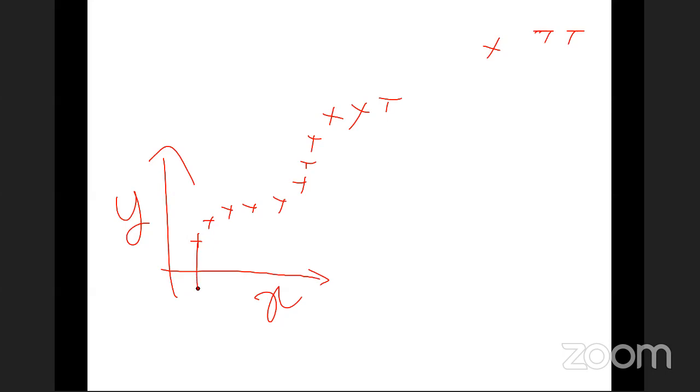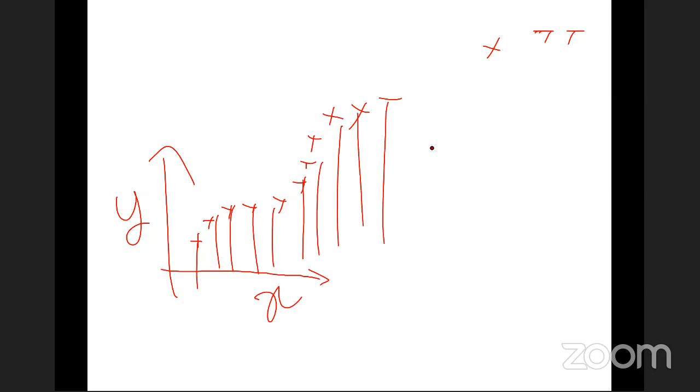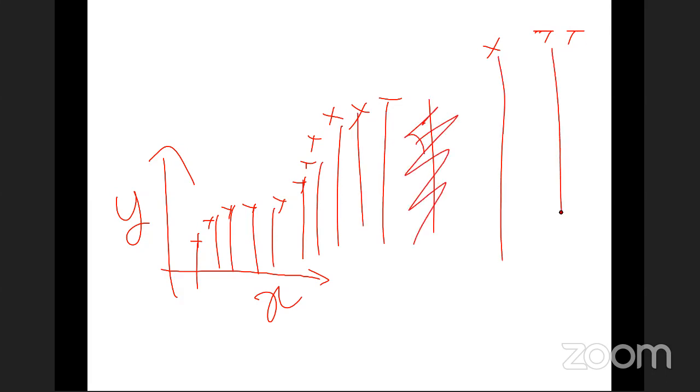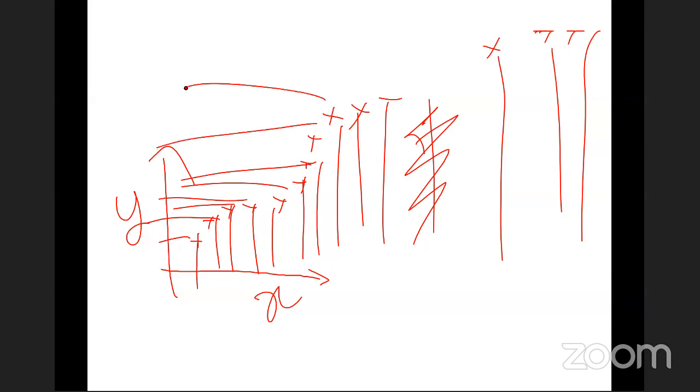So if I take ranks of x, I'll look at the order of x, and I look at the ranks of y, then the ranks are very correlated.